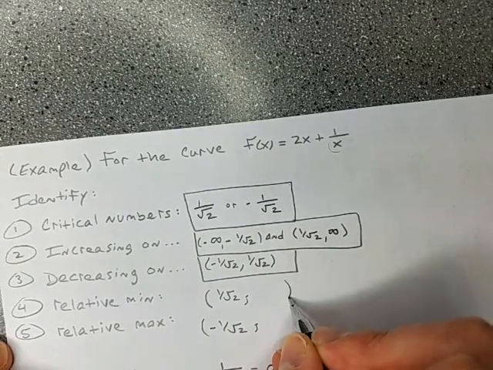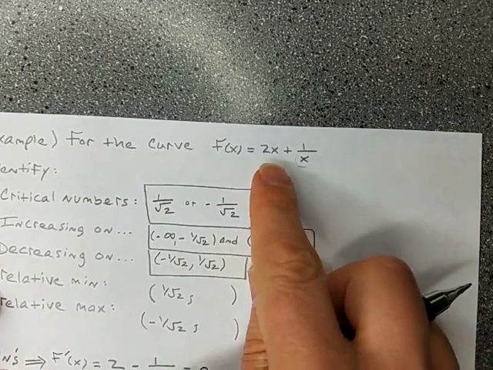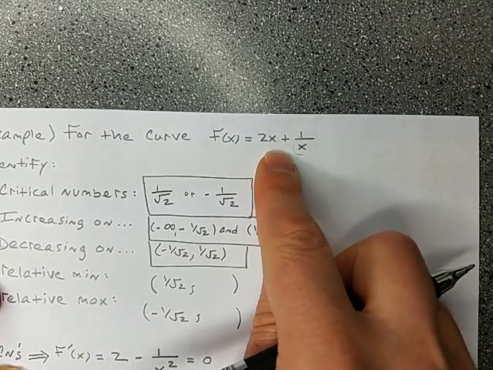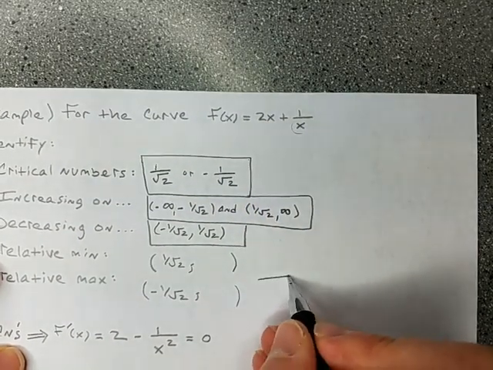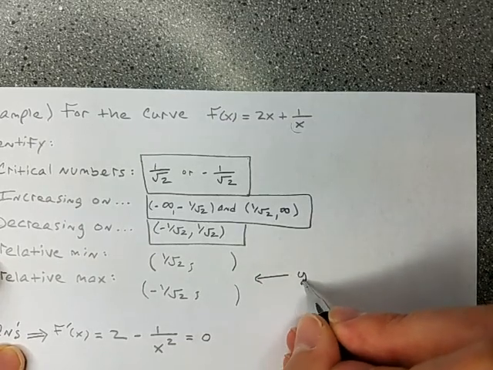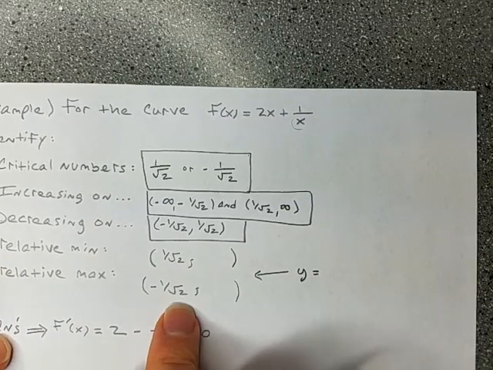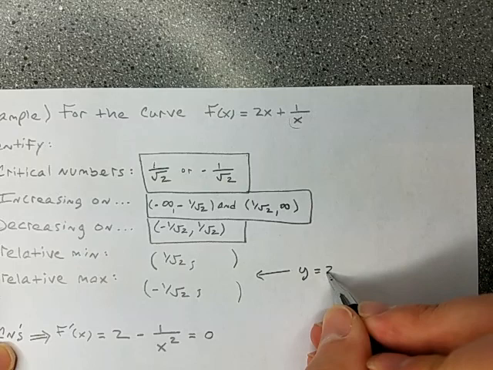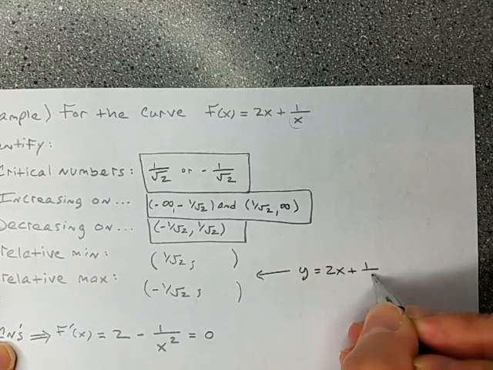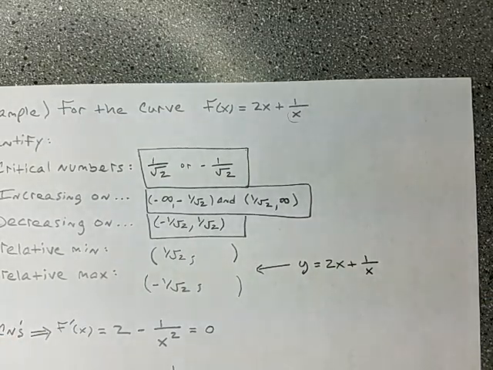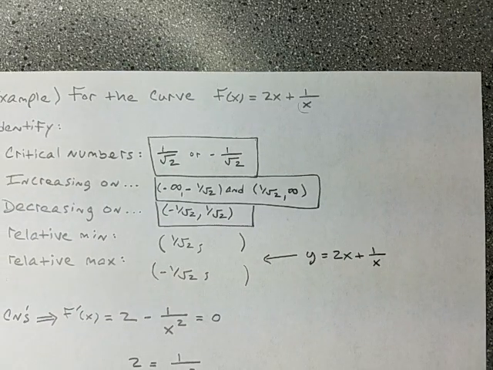All right, how do we get the y-coordinates? Well, we put the x-coordinates into this. All right? So for both of these, I'm going to get y, because these are actual points on the curve, this way. Okay? All right. So anyway, let me pause it, do the math there, and tell you what I get.